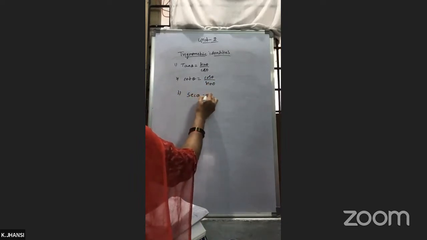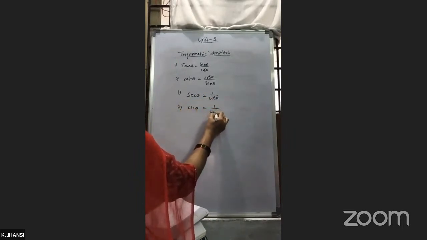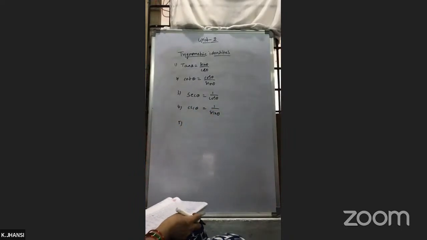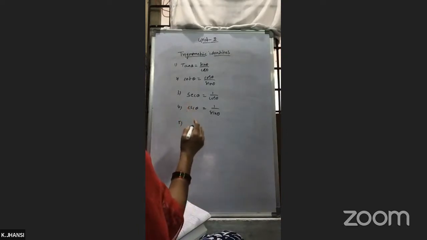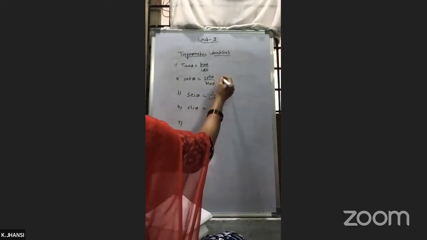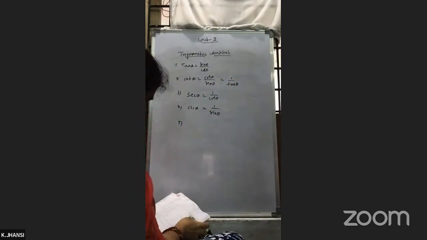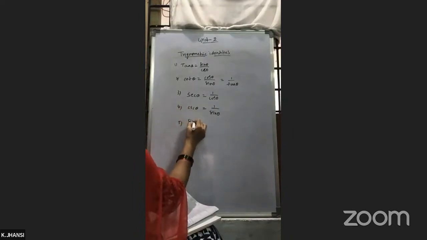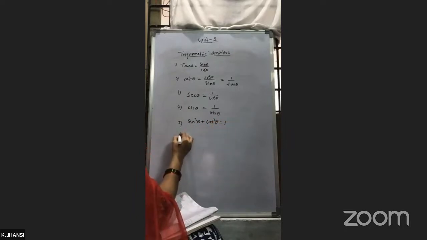Secant theta is equal to 1 by cos theta. Cosecant theta is equal to 1 by sin theta. And we can write cot theta is equal to 1 by tan theta also. This also you remember.